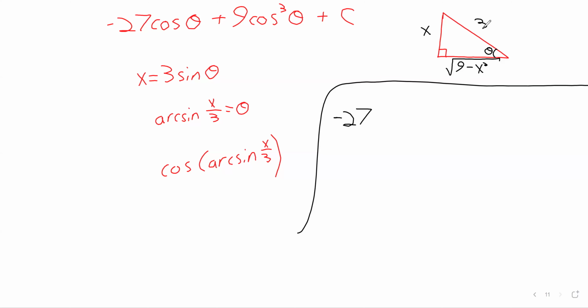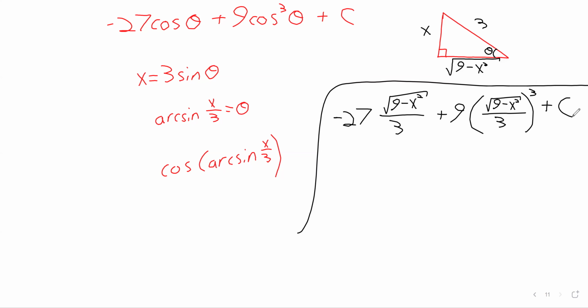The cosine is the adjacent side over the hypotenuse plus 9, and once again, the adjacent side over the hypotenuse. This time it's being cubed plus c.